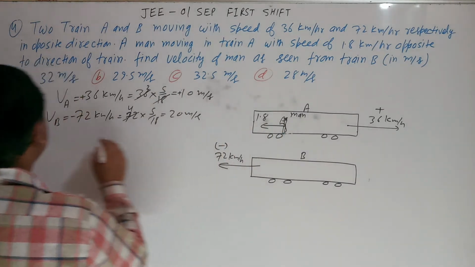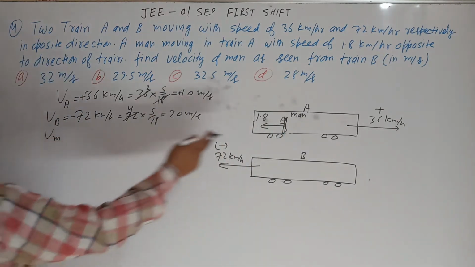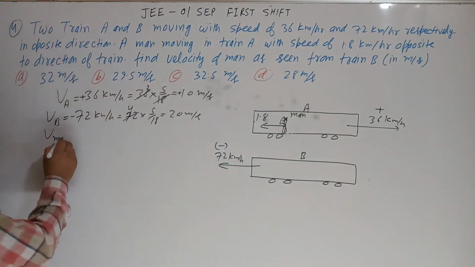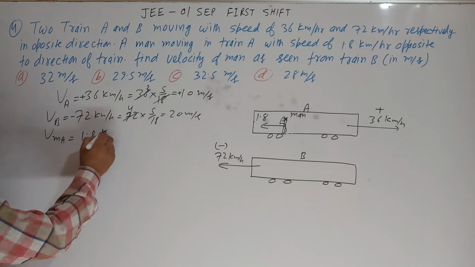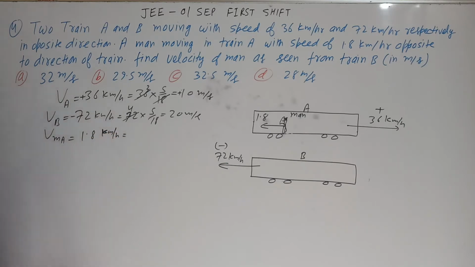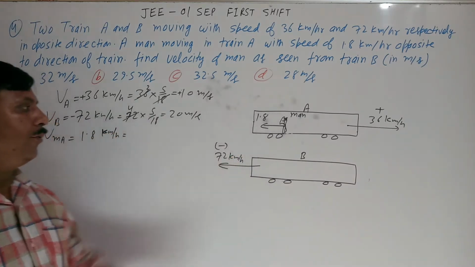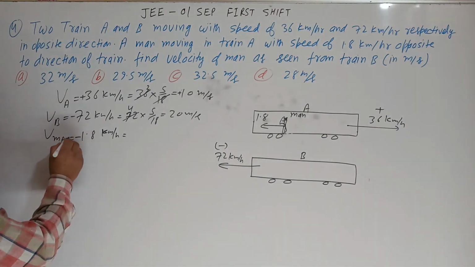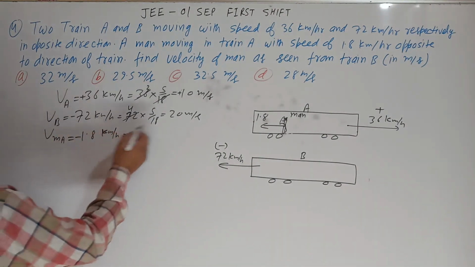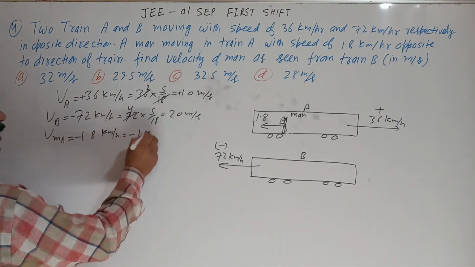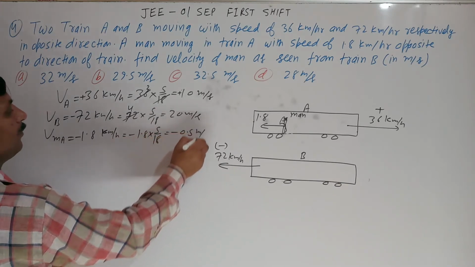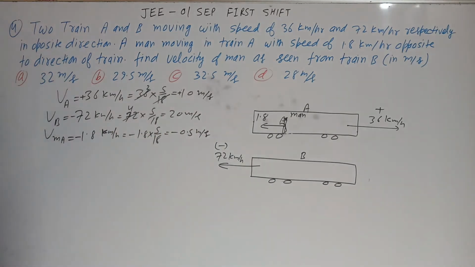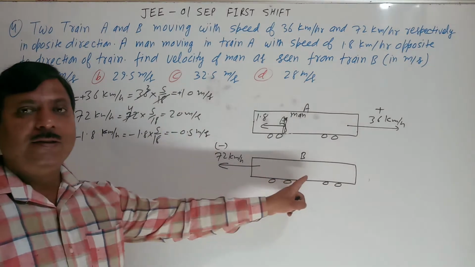And the velocity of the man with respect to train A is given as 1.8 km per hour. This is negative because it is towards the left-hand side. So 1.8 into 5 by 18, that is minus 0.5 meter per second. So what do we have to find?